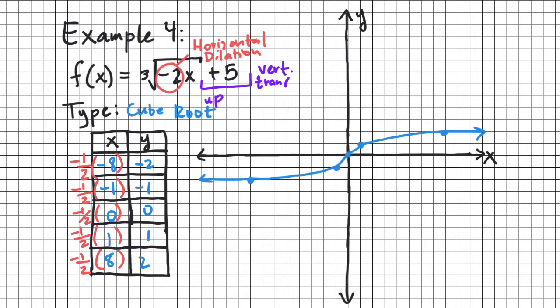So if I multiply all these times -1/2, negative times a negative is positive, right? 8 times 1/2 is 4. Negative times a negative is positive, so that's going to be positive 1/2. This is 0. This is going to be -1/2. And this is going to be -4.